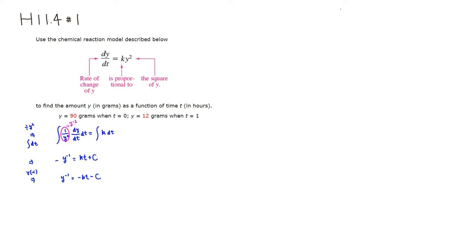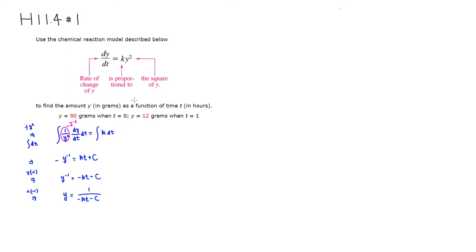Maybe not, because k is already given, so I'm going to go with this. Then we can just take the reciprocal of both sides. So you have y is equal to 1 over negative kt minus c.